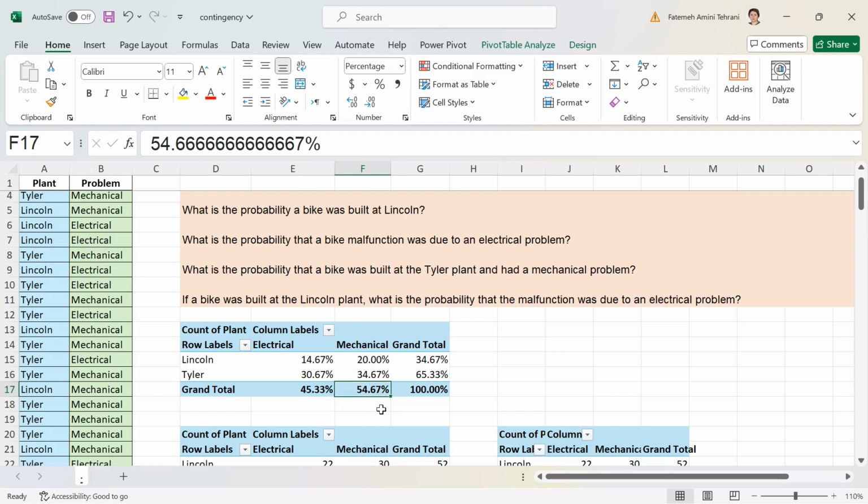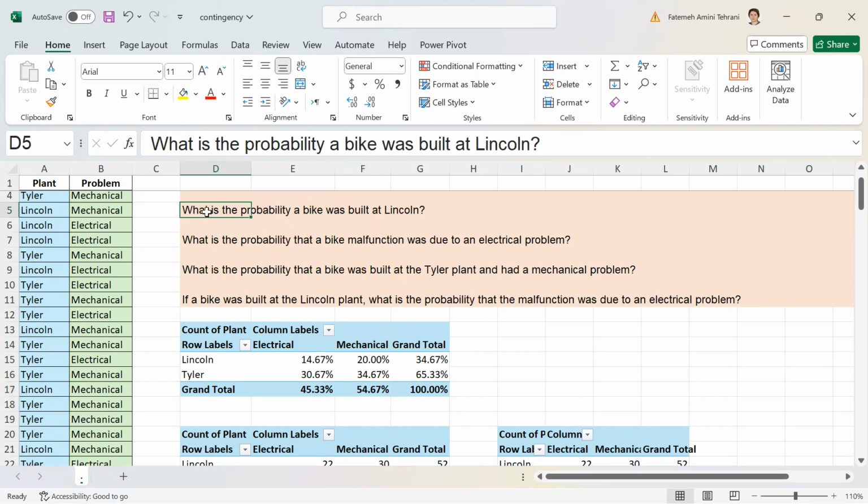And 54.67% is the probability of mechanical. It's the probability that a randomly selected bike has a mechanical problem. Now, by using this joint probability table, I'm going to answer these questions.